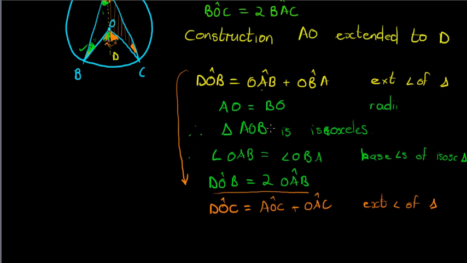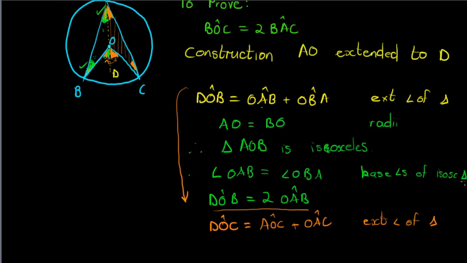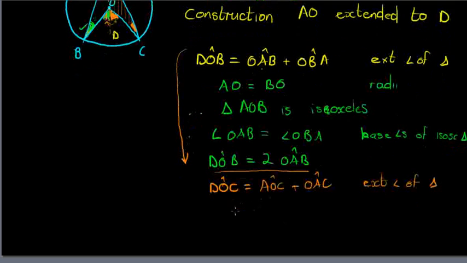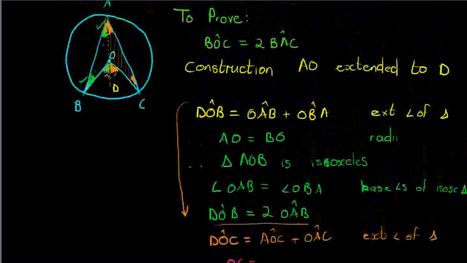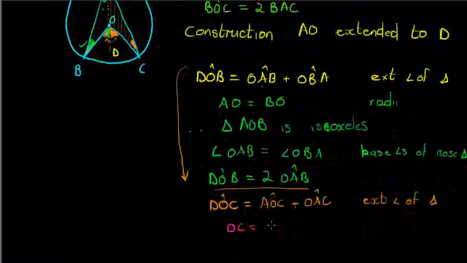Okay. And now I can go through the whole process again. Now I just want to show that those two angles are equal. To show they are equal, I must first show it's an isosceles triangle. To show it's an isosceles triangle, I have to show two sides are equal. The sides that are equal are OC is equal to OA.